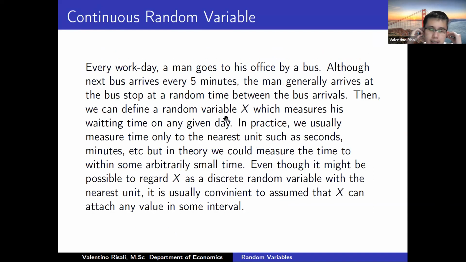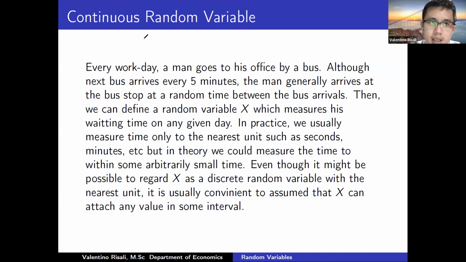Okay, this is the end of our discussion about discrete random variable. And then now we go to the continuous case. Okay, the motivation is like this example. A man usually goes to his office by a bus, and the bus arrives every 5 minutes.